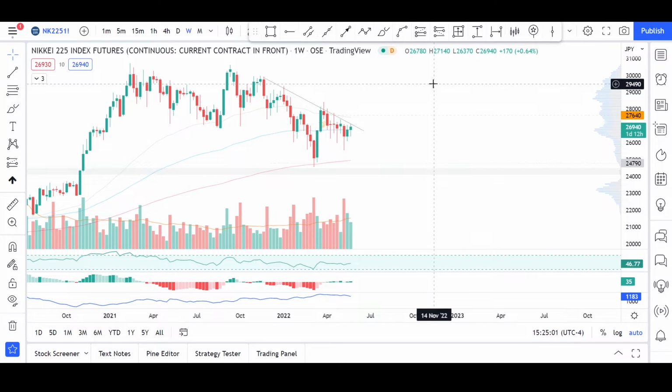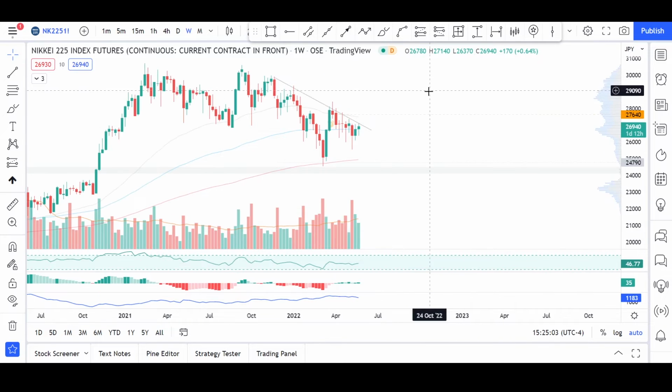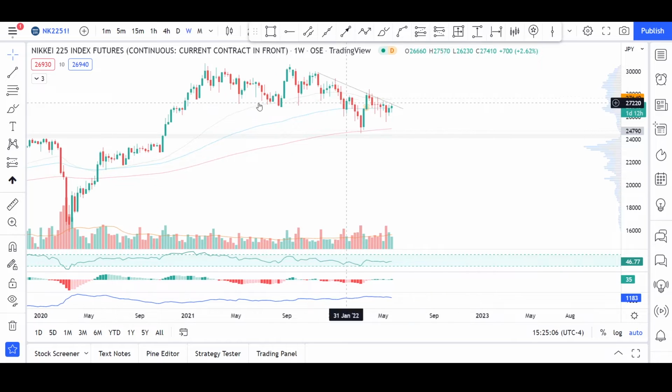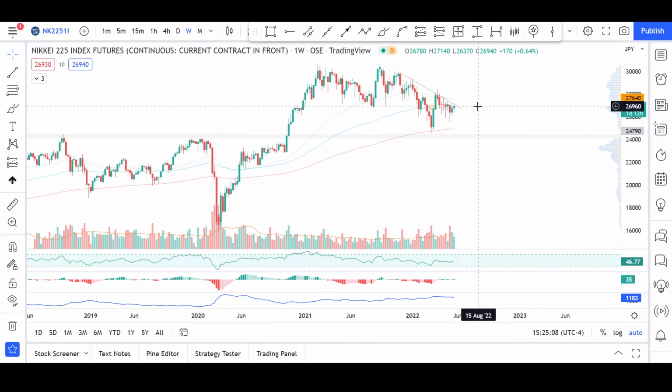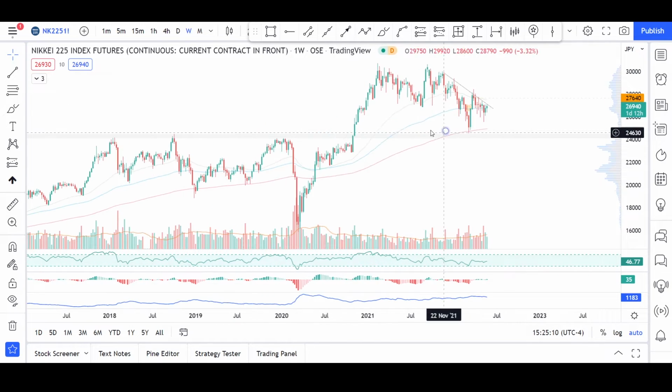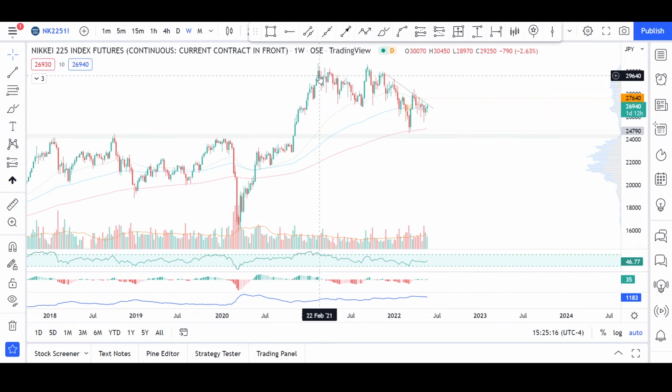Right now let's talk about major countries' indexes. Nikkei 2025 is correcting after the rally that started in November 2020, and there was a double top.